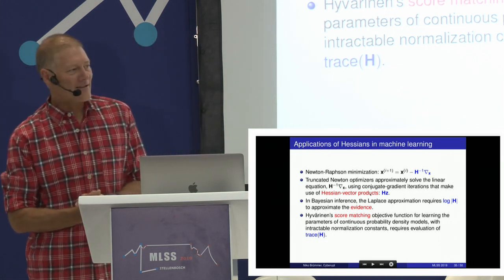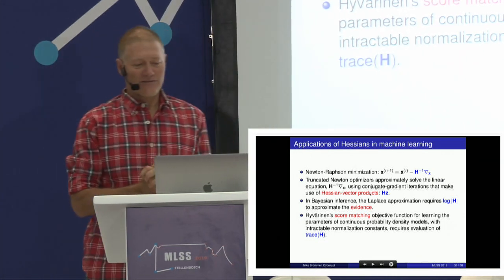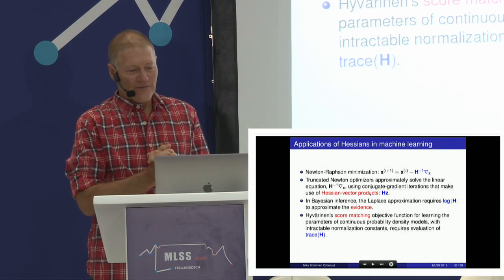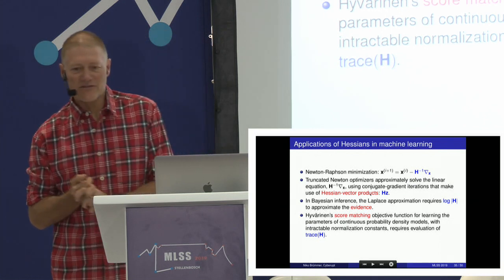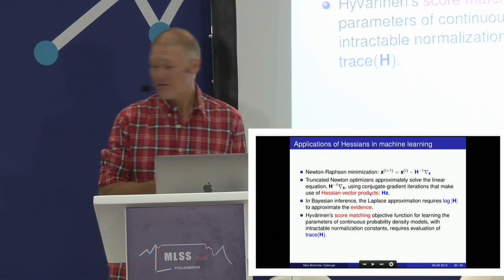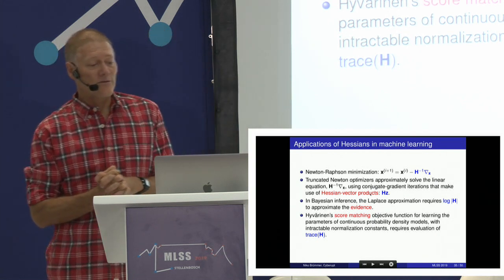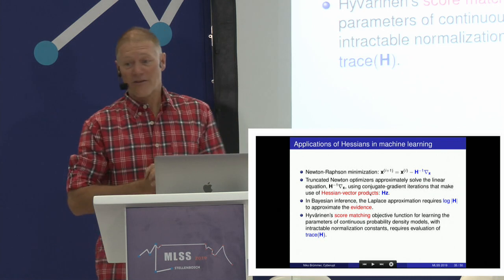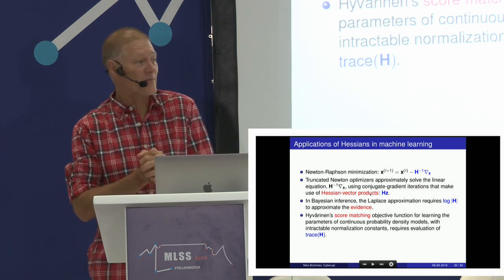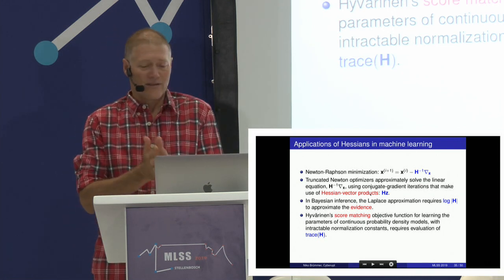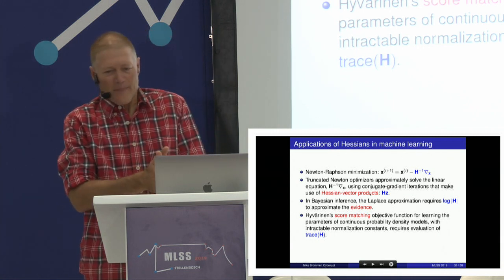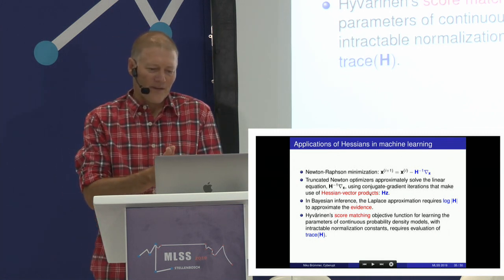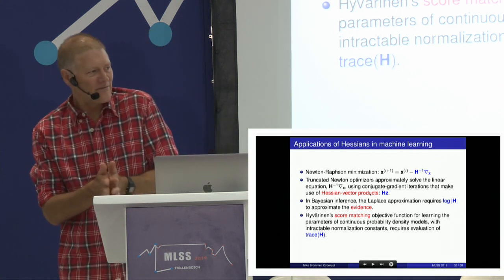So let's leave optimization behind for a moment, and let's say you're doing Bayesian inference and you want to do some evidence calculation. There's the Laplace approximation. The Laplace approximation is kind of old, and it's often ignored these days.